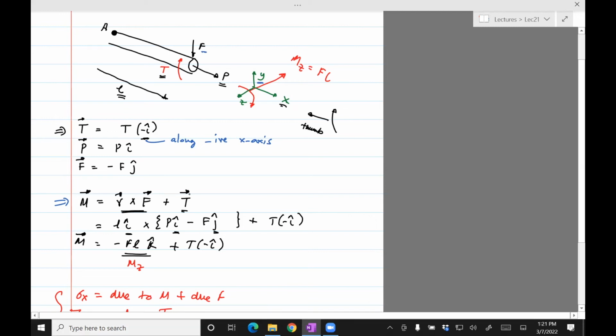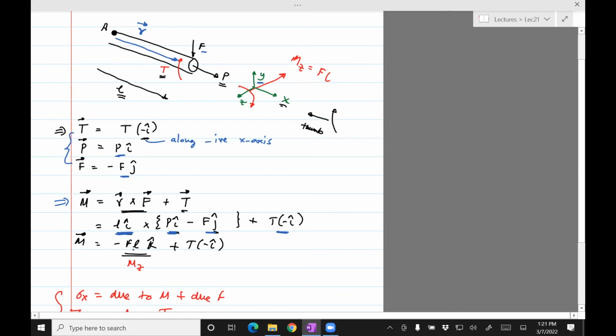So these are all vector equations. So I write the vector equation for r. r is along the x-axis, so L times i. Pi is this, minus Fj is something I wrote down earlier, and then the torque is in the negative i direction. Everything is just substituted from here.